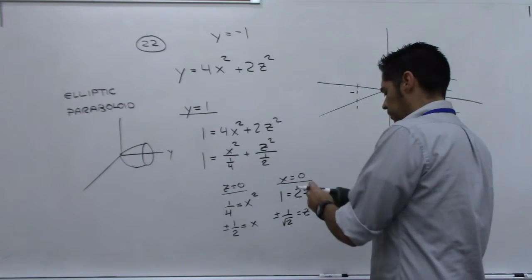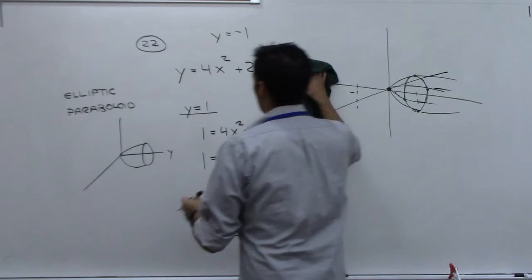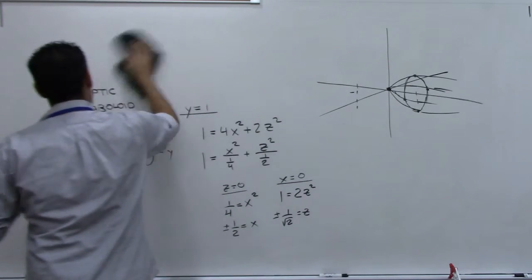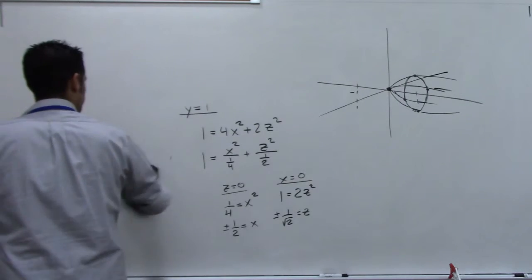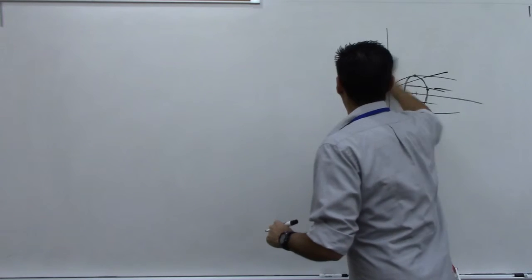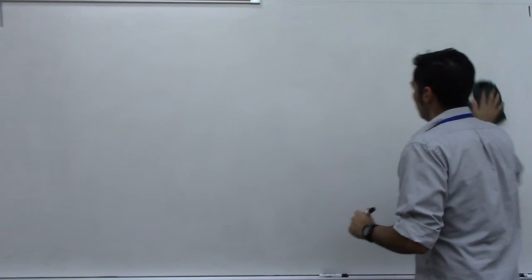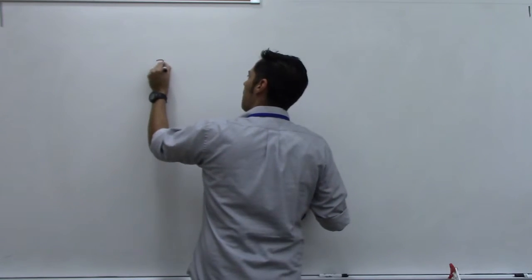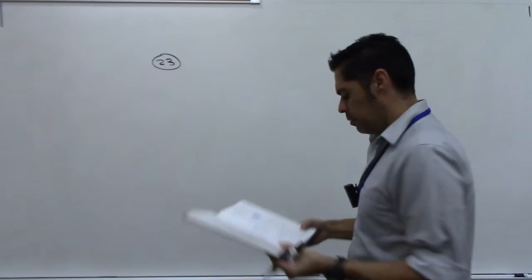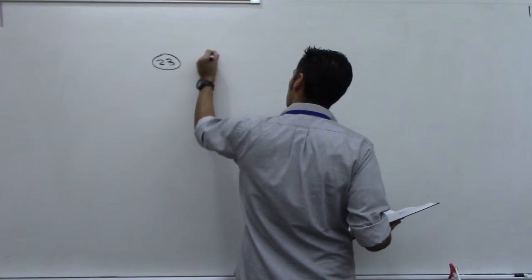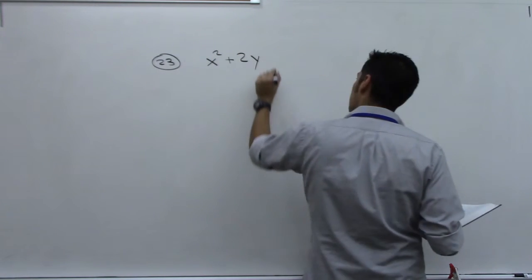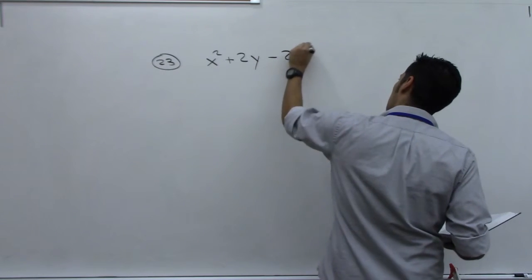23. So 23, x squared plus 2y minus 2z squared equals 0.